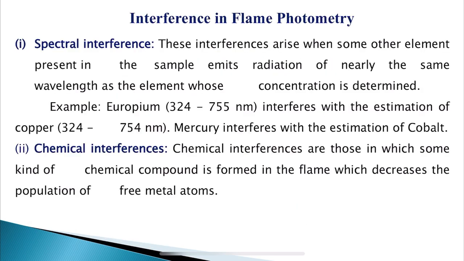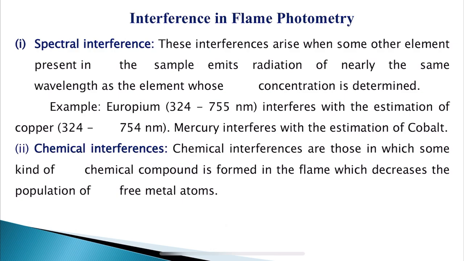In my next class, we will discuss the interferences in flame photometry. Interferences means the disturbances that will disturb the flame photometric experiment. The results of flame photometric experiments are interfered with by two factors: one is spectral interferences and another one is chemical interferences.